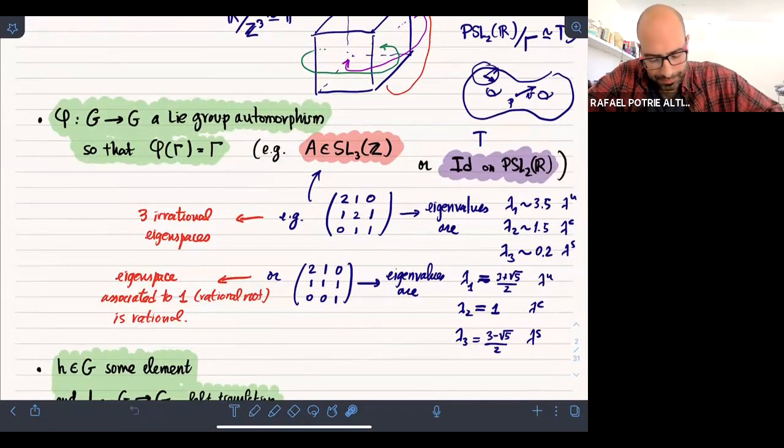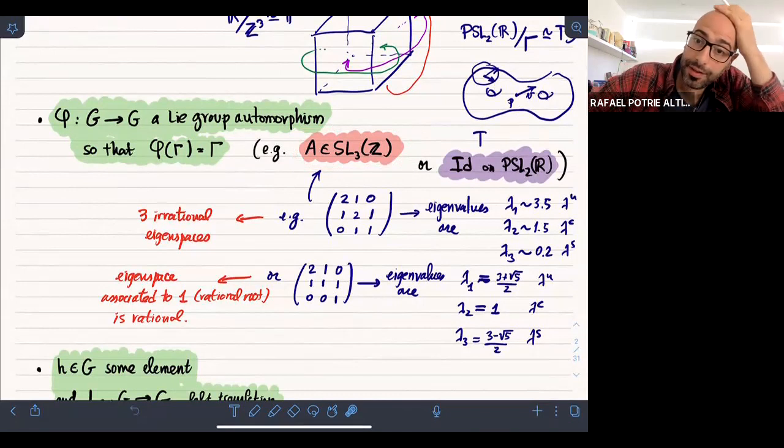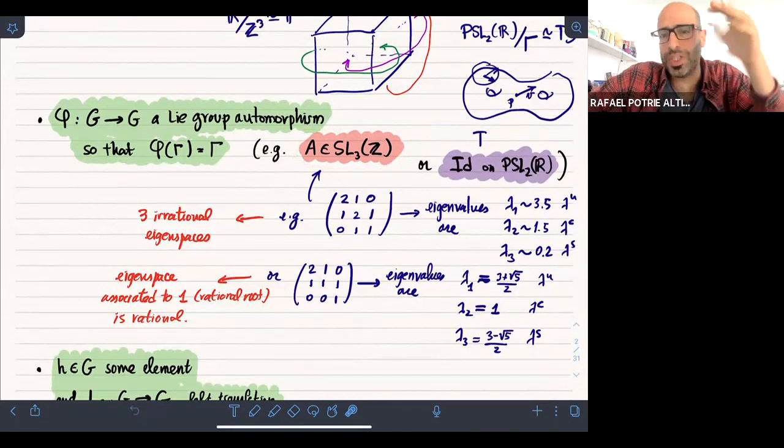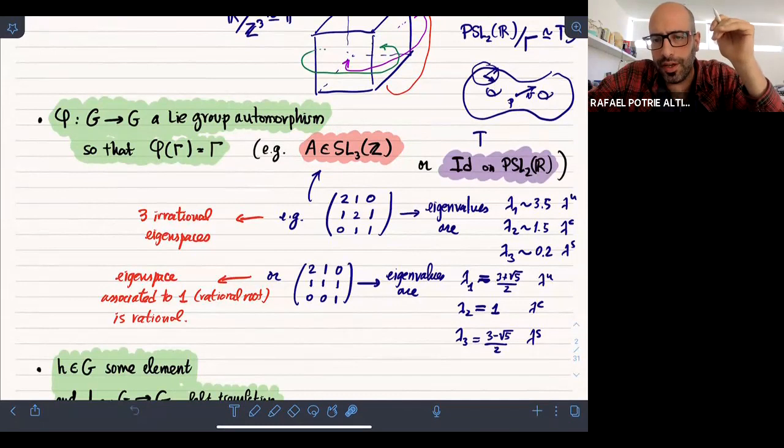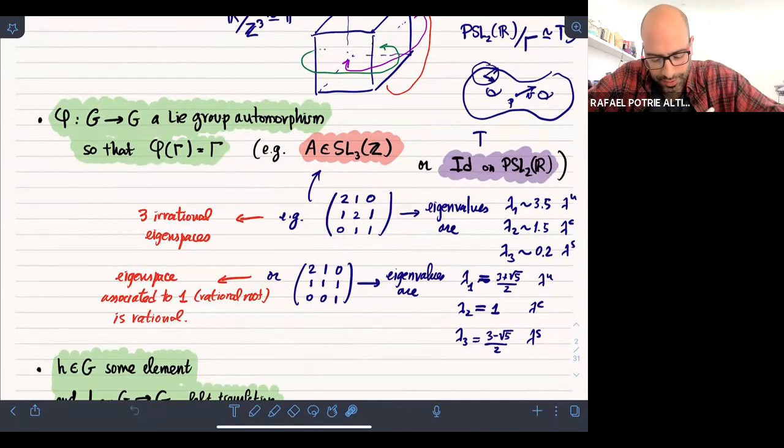And okay, here I gave two examples of automorphisms of R3 preserving the integral lattices, which have a somewhat different behavior. This one is a symmetric matrix, and the characteristic polynomial of this matrix is irreducible, so it doesn't have rational eigenvalues.